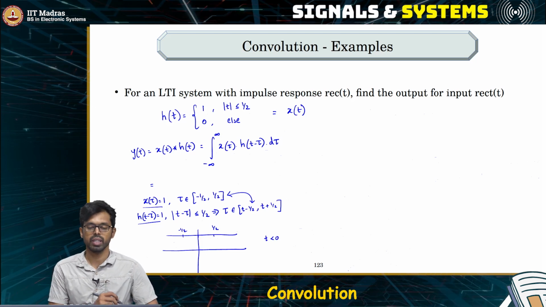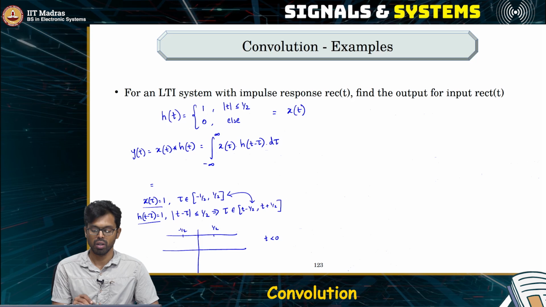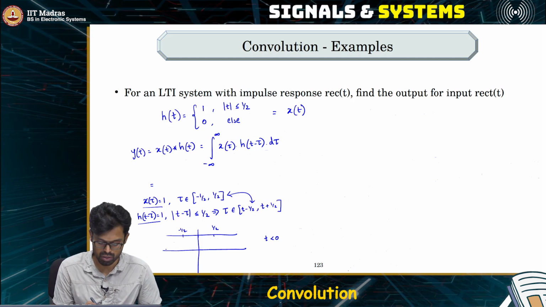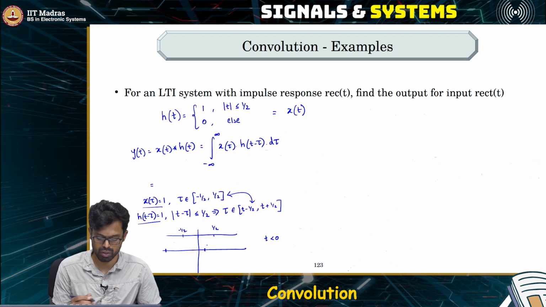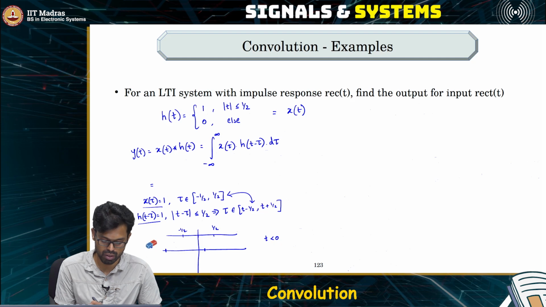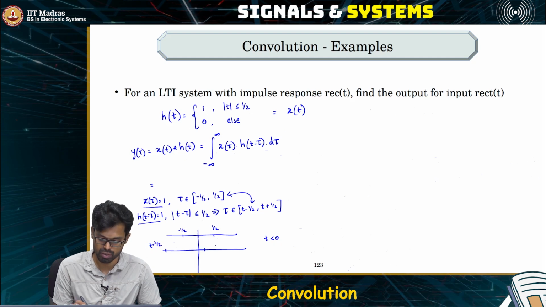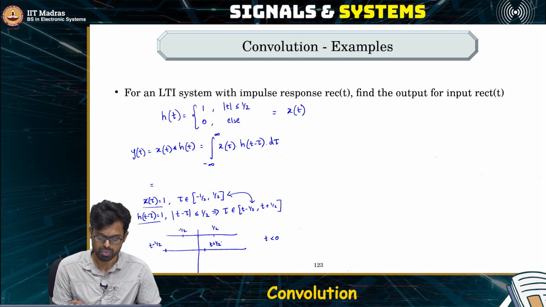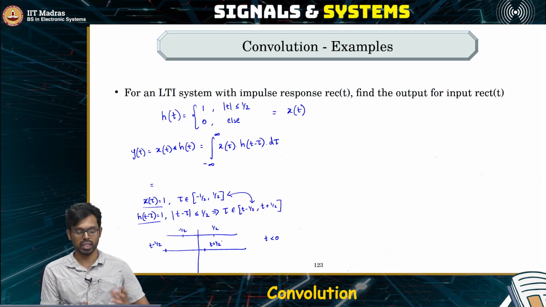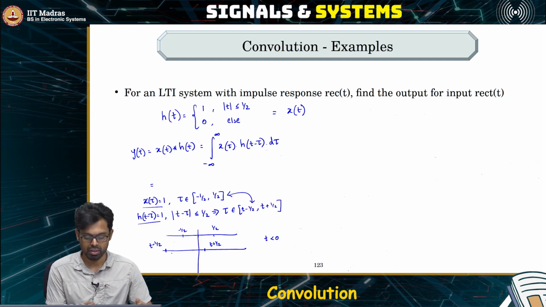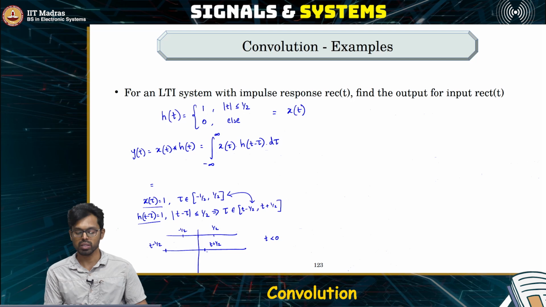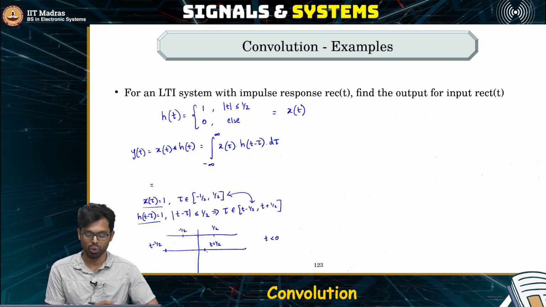Then minus t minus half is on the left hand side. So it starts somewhere here and ends somewhere here: t minus half to t plus half. Of course, if t is really small, let's say t is minus 10, then this interval will be somewhere like minus 10.5 to minus 9.5, which also has no intersection.